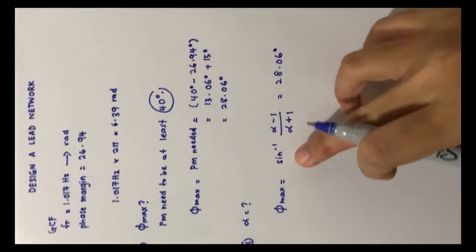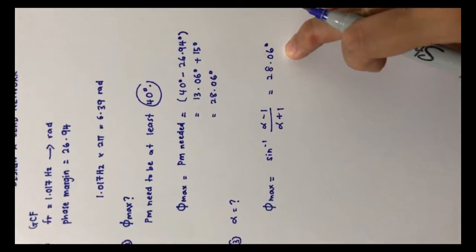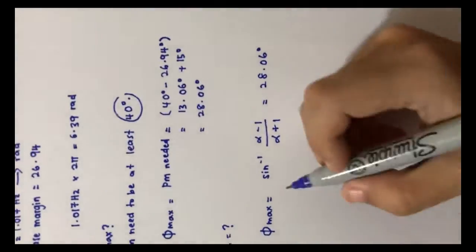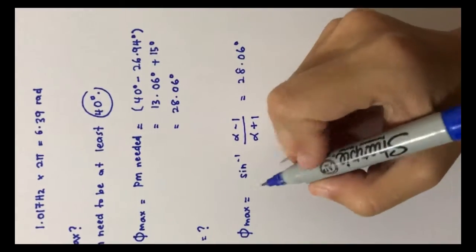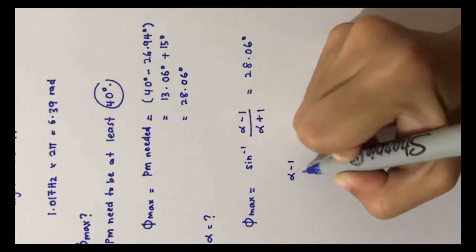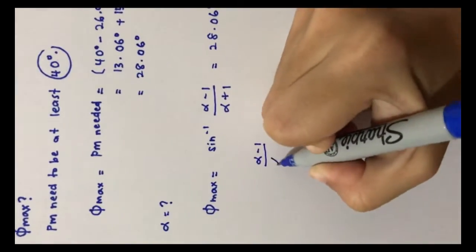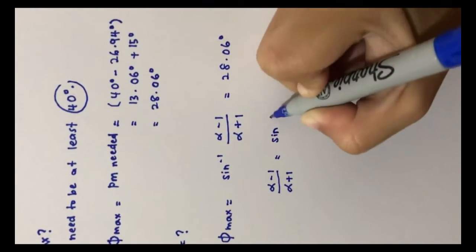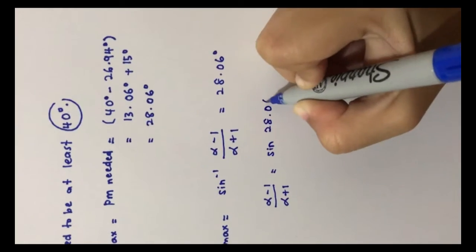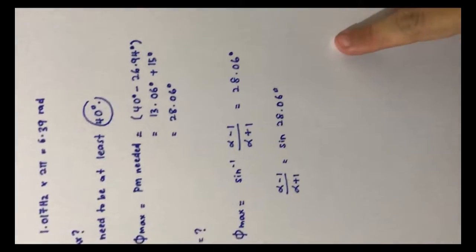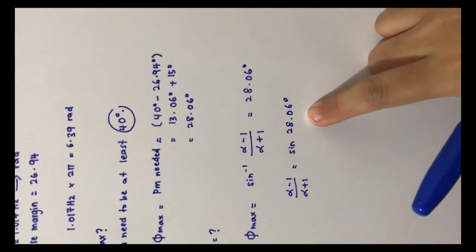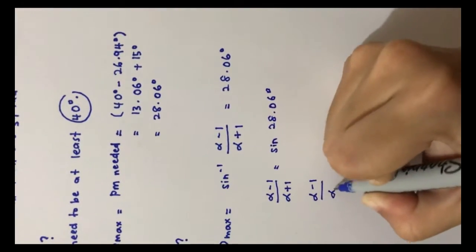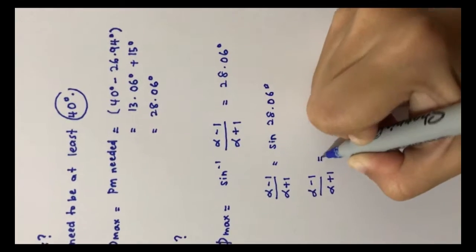We have to bring the sine over in order to leave alpha on one side. By doing this, we will get (alpha minus 1) over (alpha plus 1) equals sine 28.06 degrees.